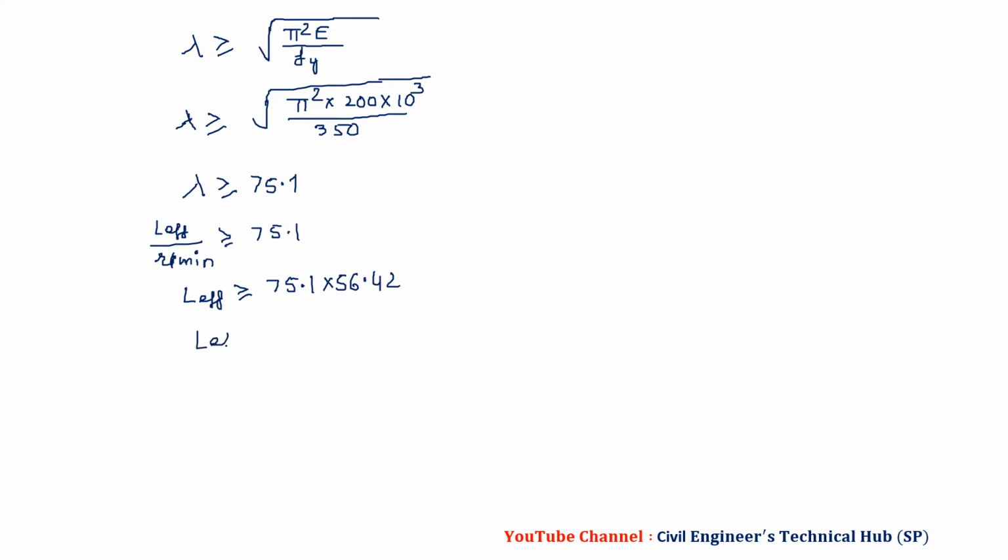From this we will get L effective should be greater than or equal to 4237.14, and then we have L effective that is equal to L, and therefore if it is less than this, then Euler's formula ceases to apply. So L should be greater than or equal to 4237.14 millimeters.